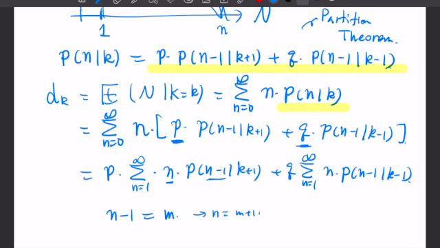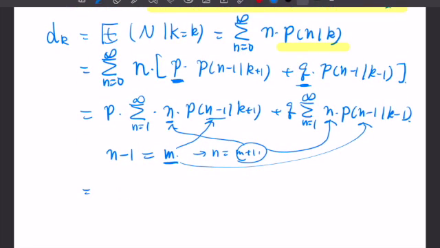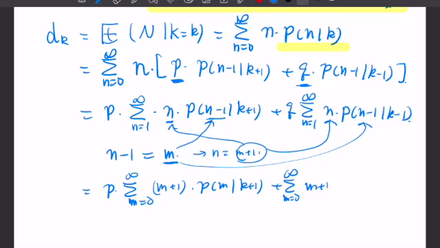Substitute this to here and here, and to here and here. Then we have p sum over m from 0 to infinity of m plus 1 times P_m given k plus 1, and q sum over m from 0 to infinity of m plus 1 times P_m given k minus 1.